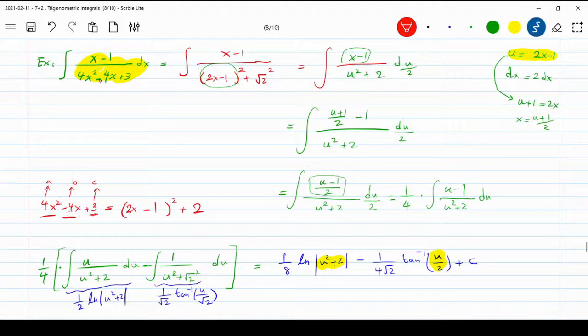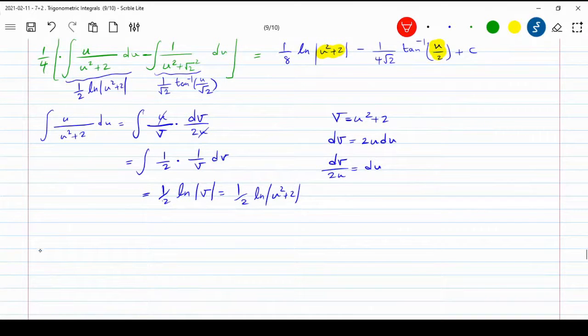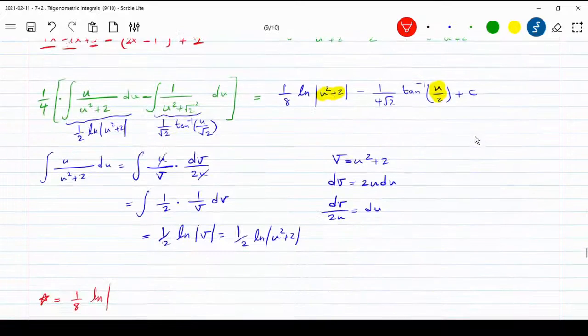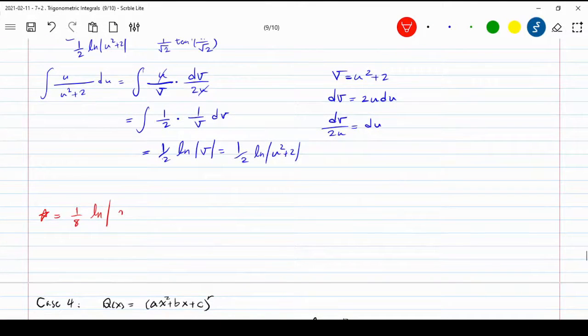So this integral, I'm going to call it star. Finally, we have the answer to the star. Star equals 1 over 8 ln absolute value of, instead of u, we had 2x minus 1. So it would be 2x minus 1.